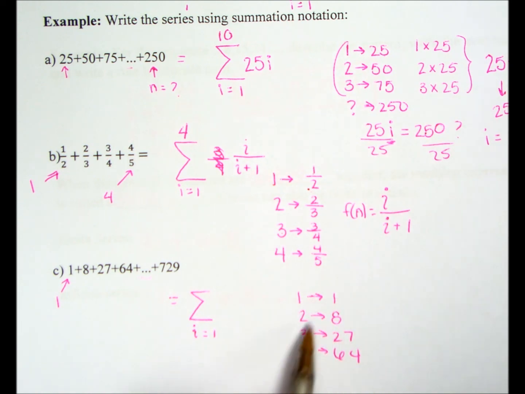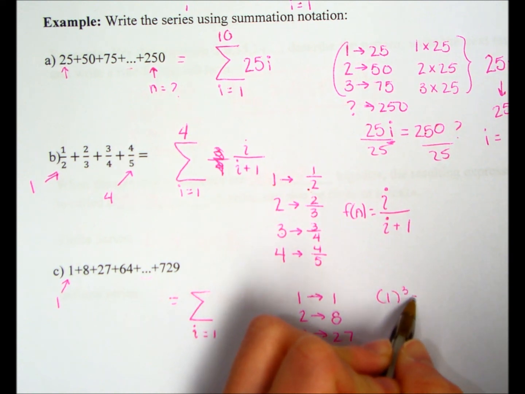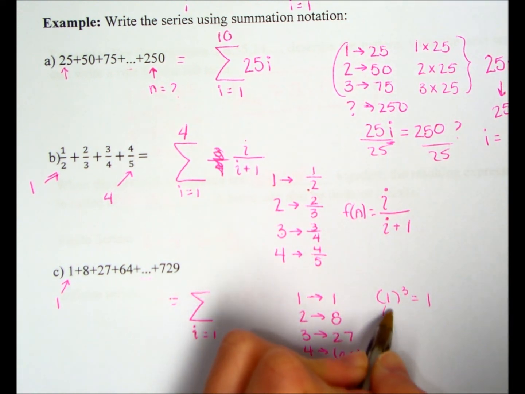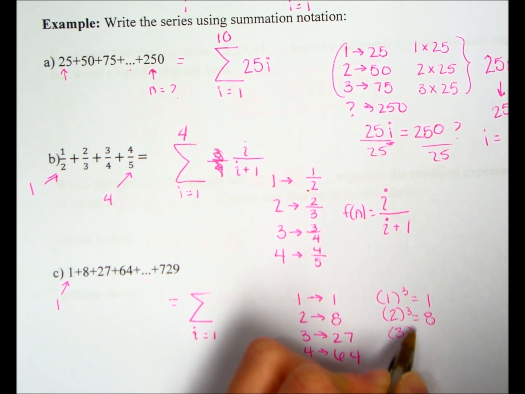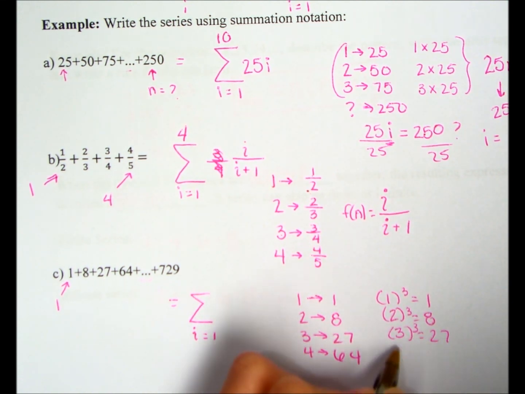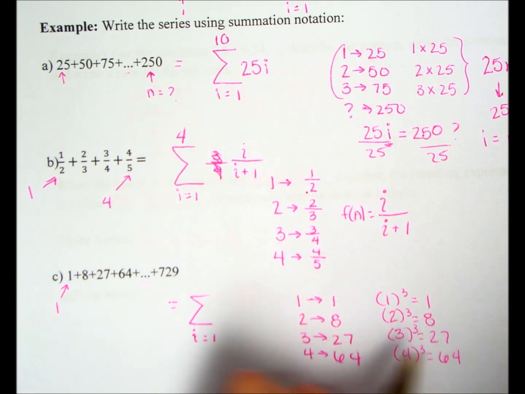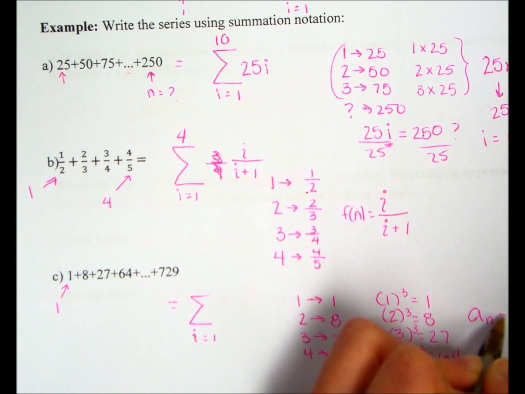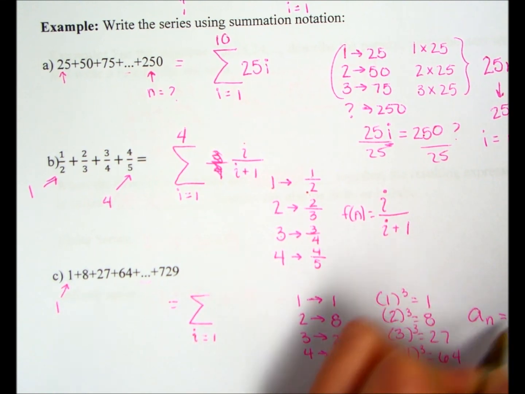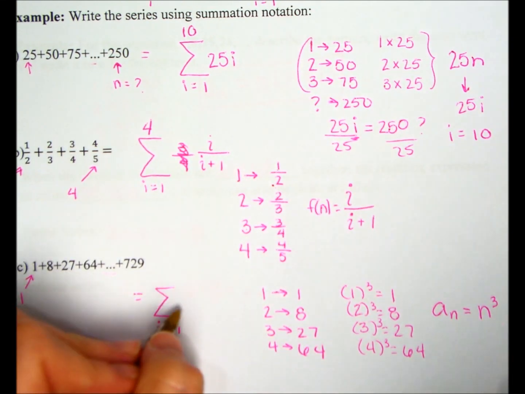So these rules follow the cubes. 1 cubed is 1. 2 cubed is 8. 3 cubed is 27. And 4 cubed is 64. So I'm going to say my rule, my a sub n, is equal to n cubed. Or if I'm going to write it with the I, I put the I cubed here.